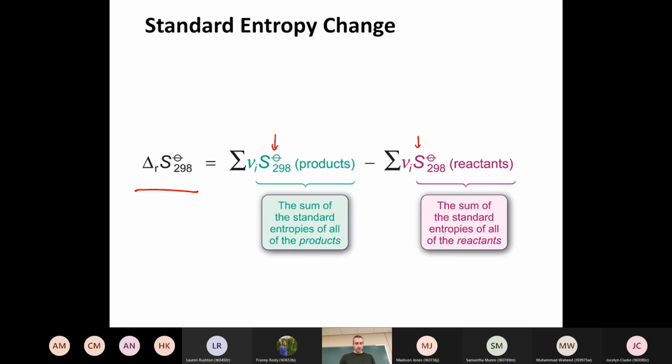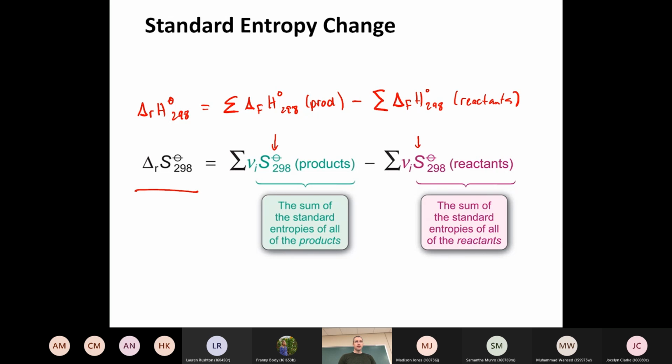It's identical to the equation we've already seen for delta H. That equals the sum of the delta H of formation for the products minus the sum of the delta H of formation, 0 to 98, of the reactants.